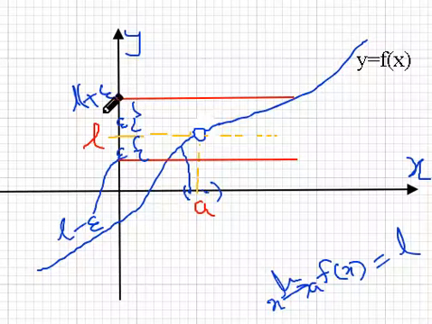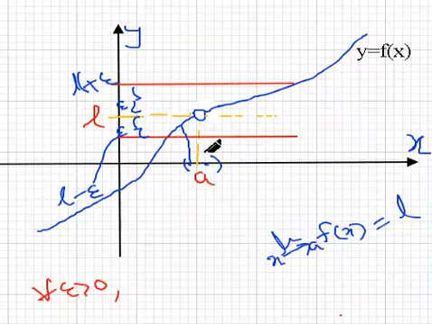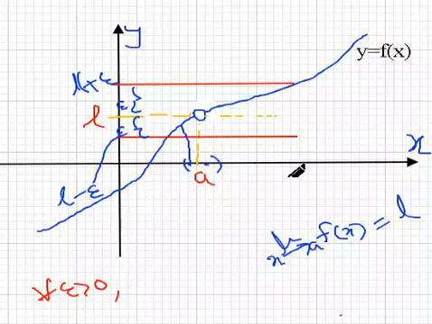For a given ribbon around L, I can guarantee you that I'm able to find an interval around a such that these points map into that ribbon. This interval is centered at a, and the radius of this interval is delta.